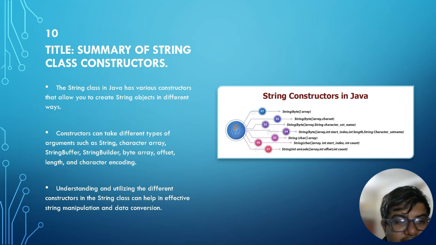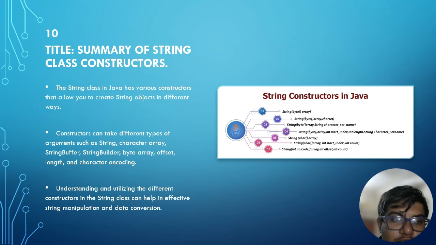And you can even set the length and where it has to start and end. So understanding and utilizing the different constructors of the string class can help very much in different types of programs, because you won't need to do anything from scratch. It becomes easier to execute many things.